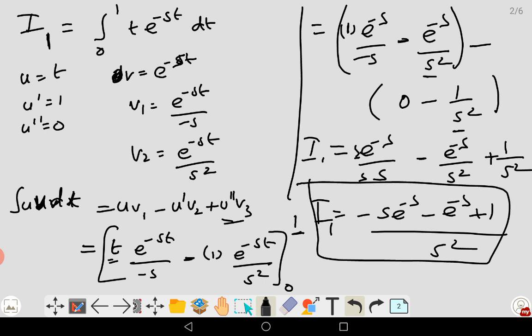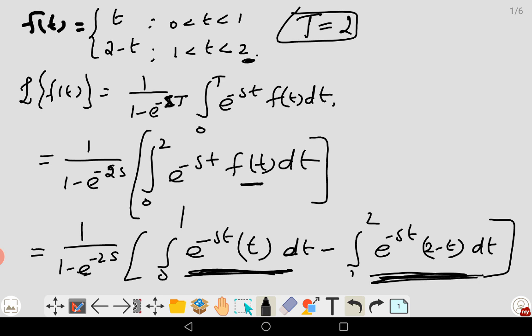In the similar way, you take partial integration by parts and do this integration. Here u is t and 2 minus t, v is this one. Or you can use general integration by parts as well, no issue. I'm writing the answer for the second integration.